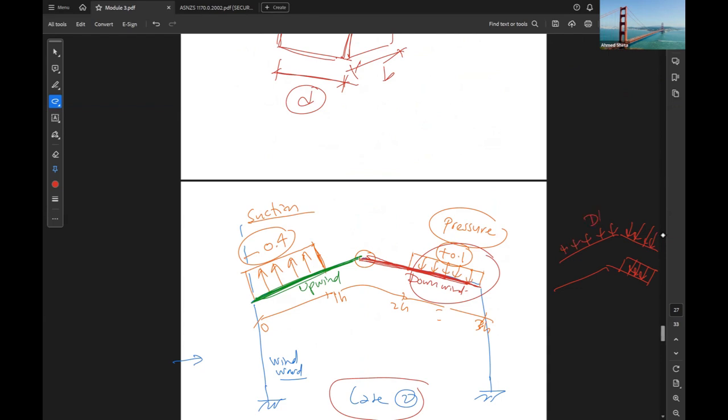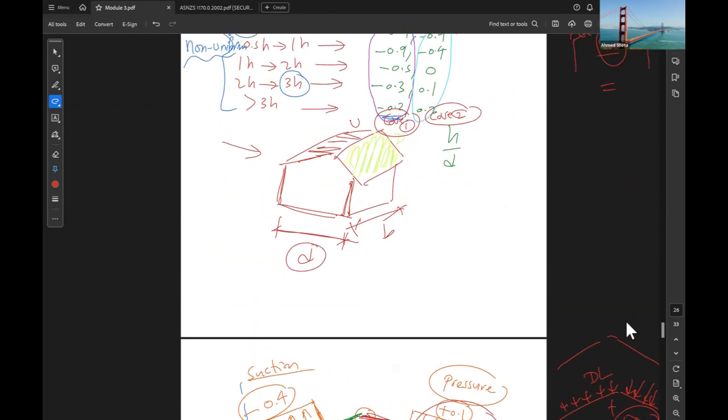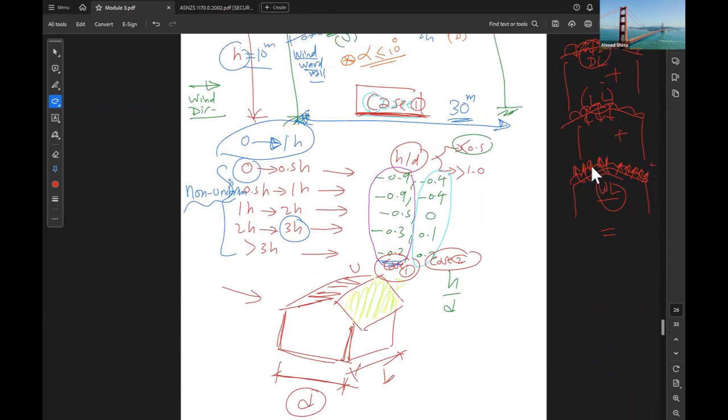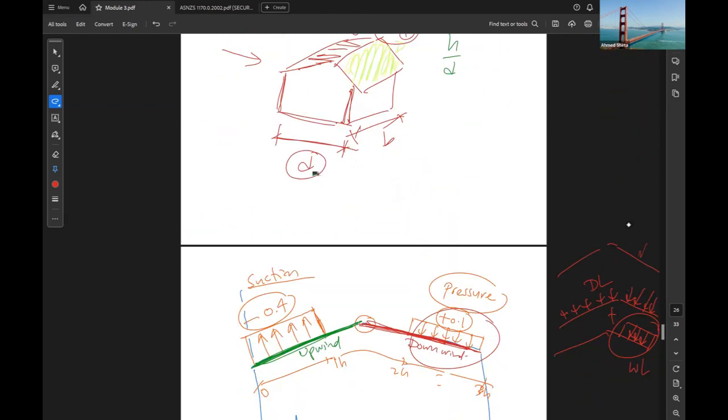So this area will have more critical loading because it has wind pressure from the wind. That's why some cases might give us upward critical load here, and this one might give us the critical downward load. Yep. So just to give all the possible cases to give us the most critical ones.